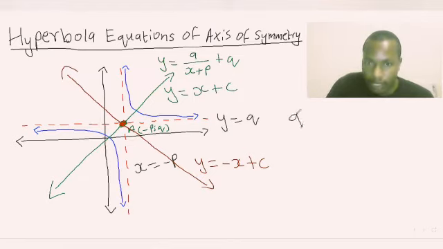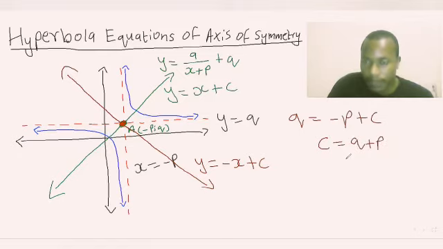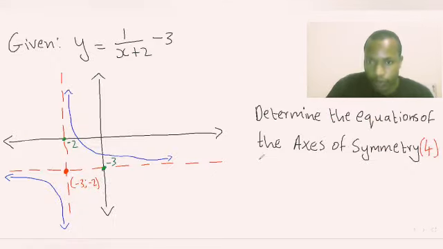So that would be q equals negative p plus c, and you would end up with c equals q plus p. But this will depend on the values of p and q. Hence, I've also prepared a question for us to look at.